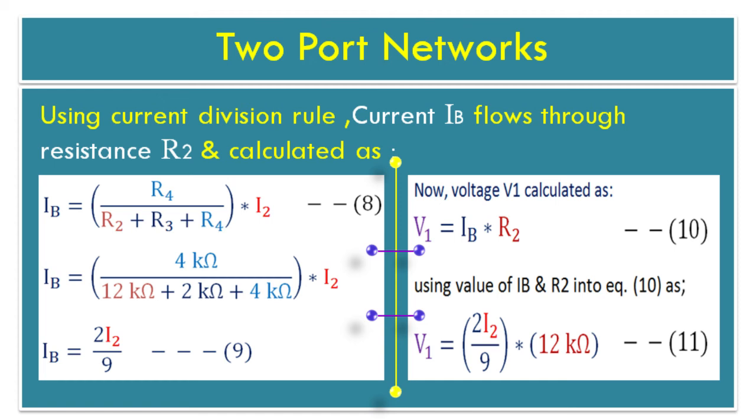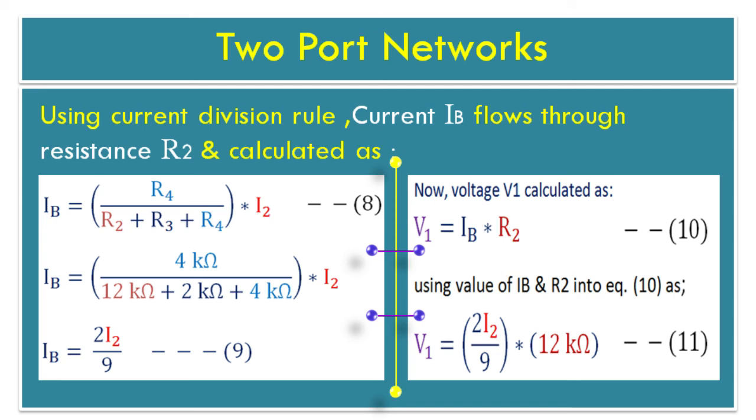Substitute resistance R2 is equal to 12 kilo ohm, R3 is equal to 2 kilo ohm and R4 is equal to 4 kilo ohm. After simplification, we get current IB is equal to 2I2 divided by 9, which is given by equation 9.